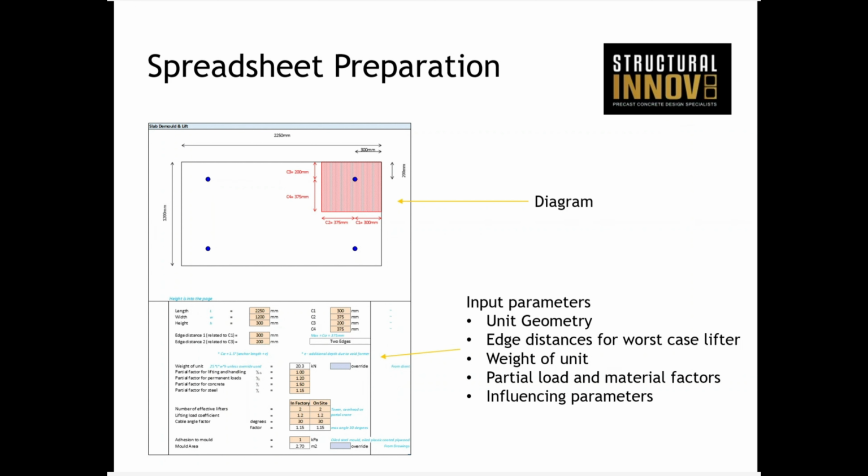Straight away, a person reviewing it will know what unit it is, and will be able to verify what parameters are required. And then beneath that, as best as possible, try and bring together all your inputs in one location. So we can see here on the diagram, just give me a pointer up here.